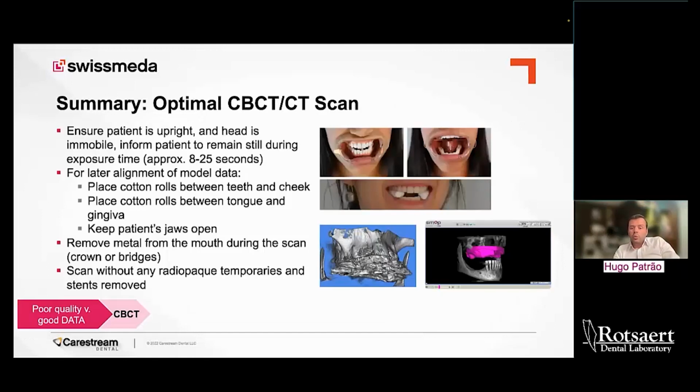So what we need to make sure of, and where all these errors that we discussed before came in. Well, they come sometimes from the software not being good, but sometimes the type of data that we feed the software with is not ideal. So one thing that is important, and obviously we're not going to dissect this information right now, we're probably going to invite you to other events, but make sure that your CBCT is nicely taken.